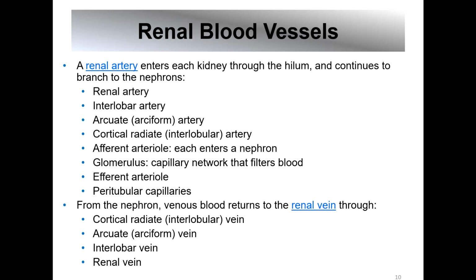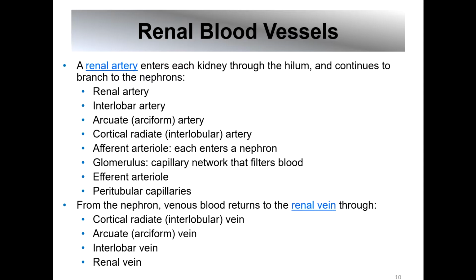All right, then you'll have the cortical radiate or interlobular arteries. And the cortical radiate arteries, the name here is telling you that you find them in the cortex and they're going to radiate out, right, away from the arciform artery. Then blood passes through the afferent arteriole, which enters the nephron. Blood is filtered in the glomerulus, which is the capillary network in the nephron.